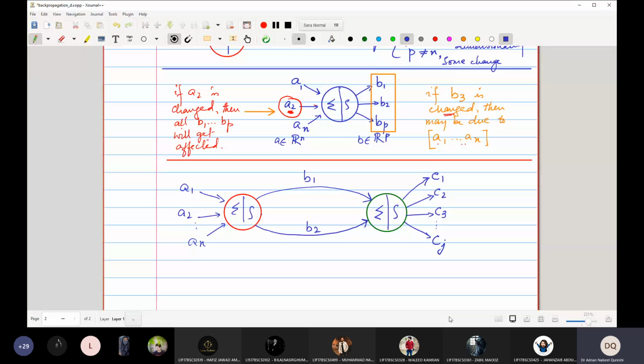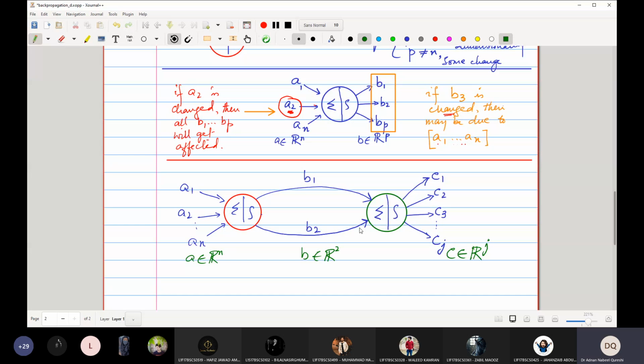So now what we can simply write is that A belongs to the space N, B belongs to the space of size two, and C belongs to the space J. Dimensions, just as we wrote above, may be the same, may not be the same. In this diagram I have intentionally made them different so that we know what is happening.